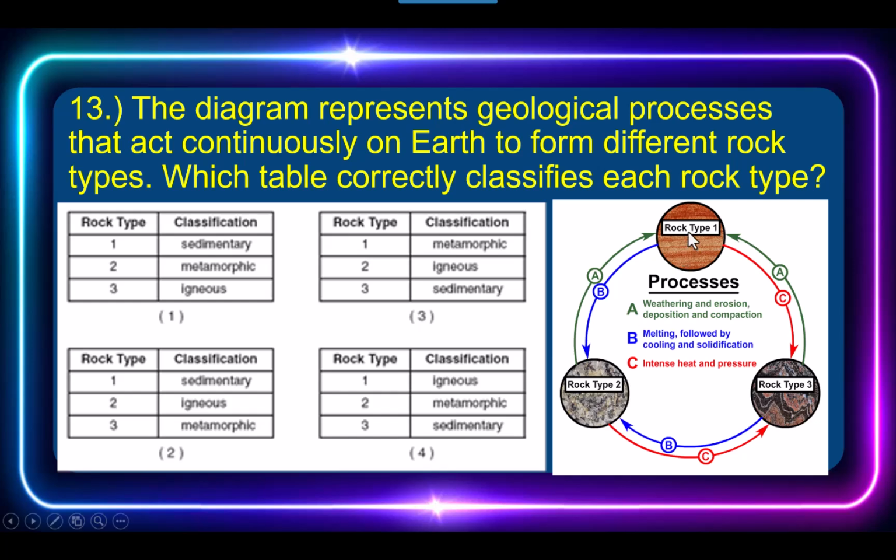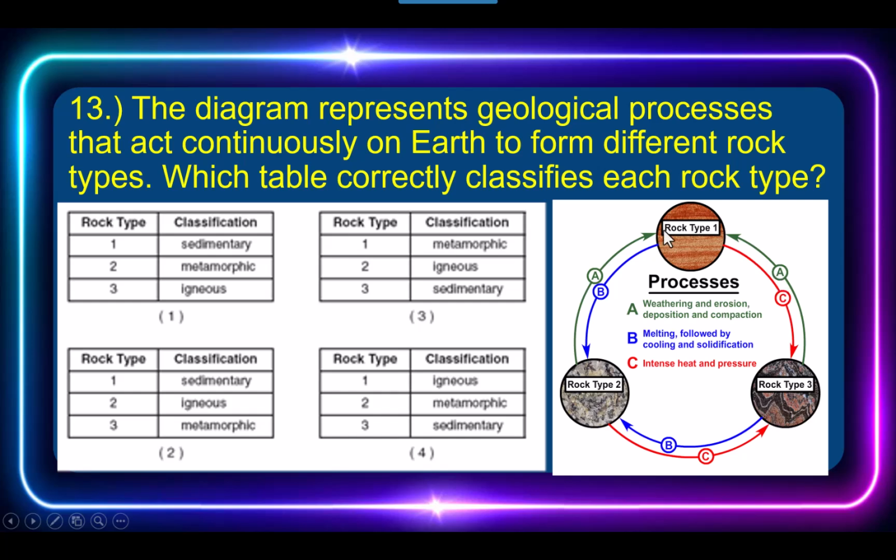All right, so here we have rock type 1, rock type 2, and rock type 3. Some things you can see: this is in layers, and this has large crystals, and this is wavy and different shapes. Process number 1, the green A, is when weathering and erosion and deposition and compaction occur.